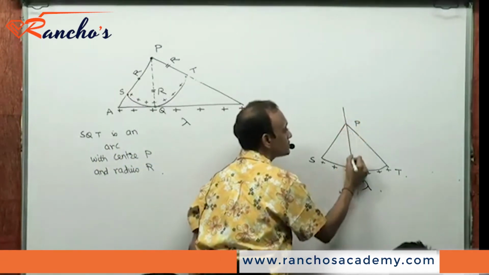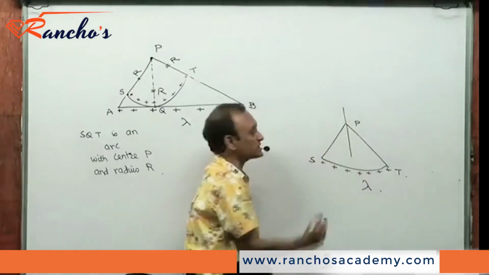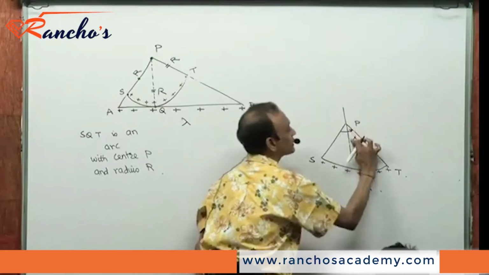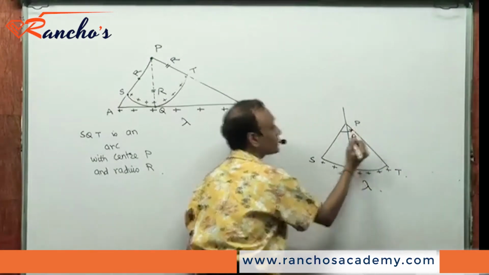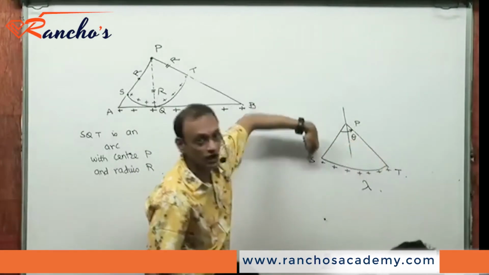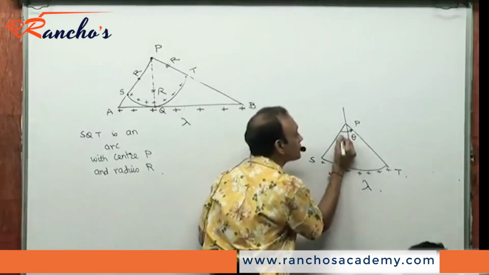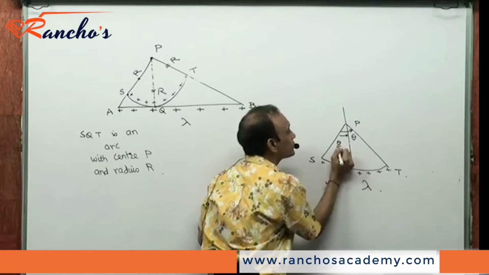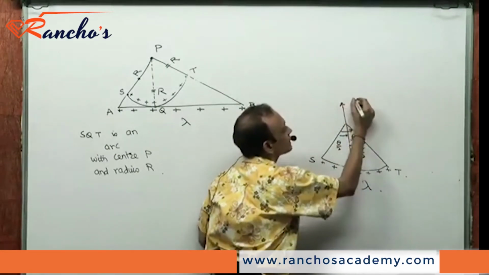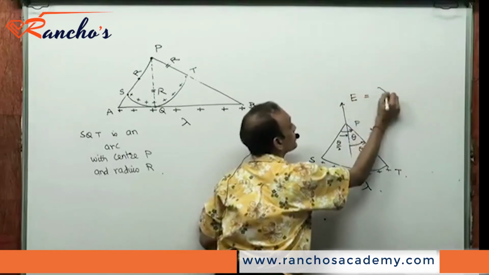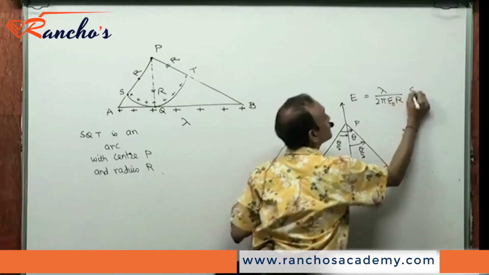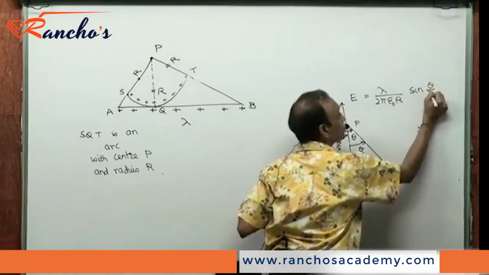Suppose this whole angle is theta. Then it's easy to prove that the field is lambda by 2 pi epsilon naught r into sine theta by 2. You know this result, right?